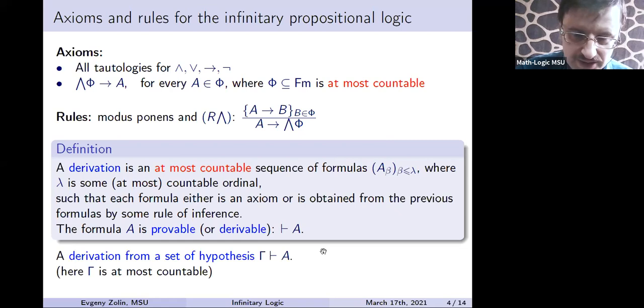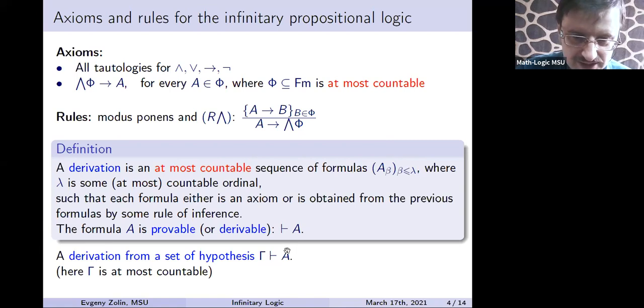Of course, we can similarly introduce the notion that a formula A is derivable from a set of formulas gamma. In this context, the formulas from gamma are called hypotheses. And again, here we introduce this notion only for countable sets. We will discuss later why only for countable.